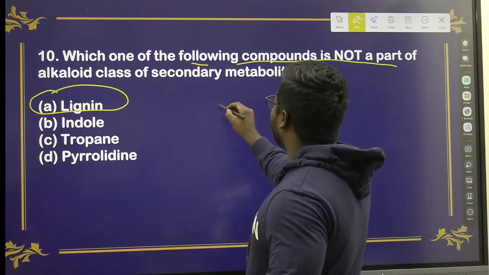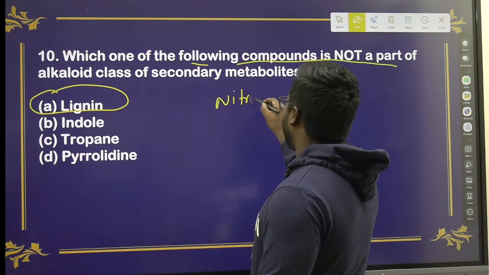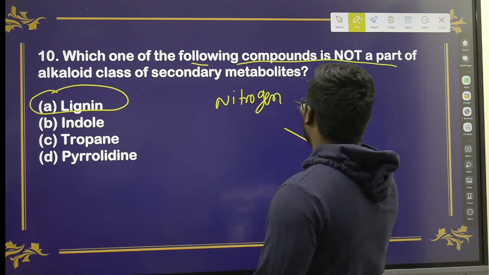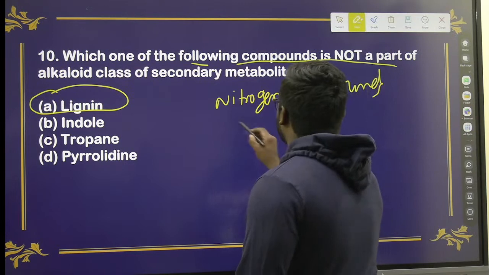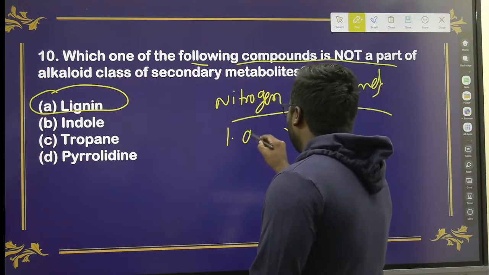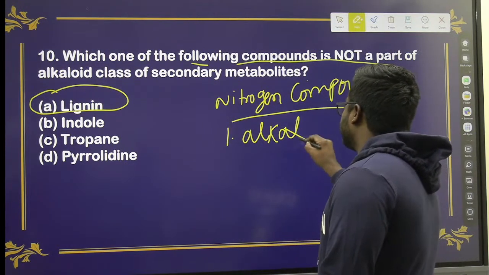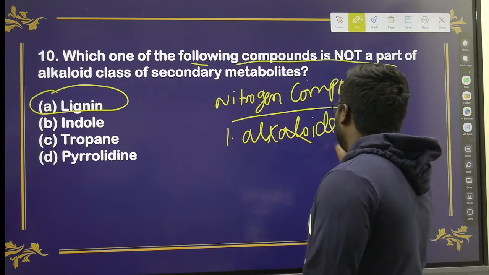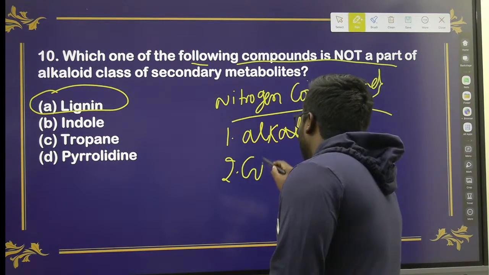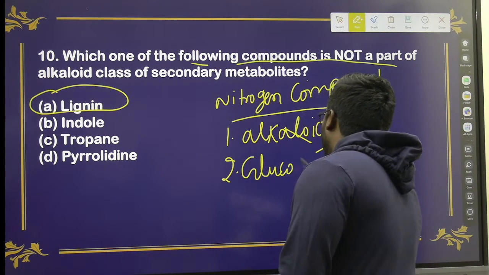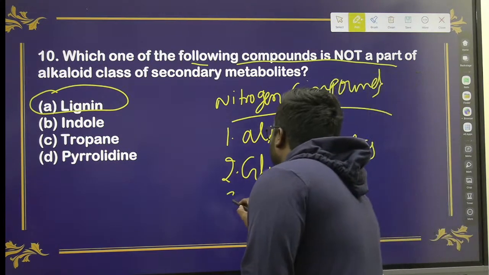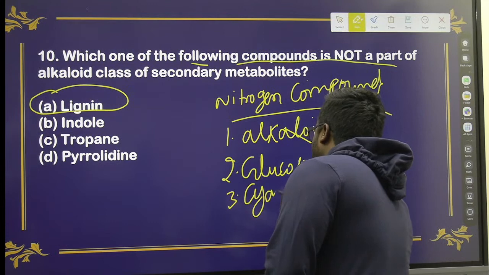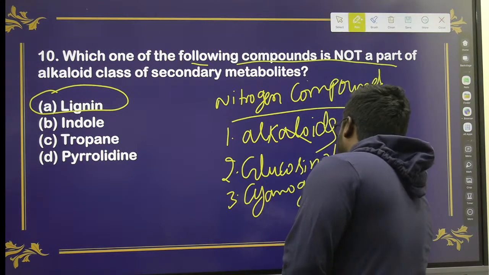Nitrogen containing compounds are of four types. What are those? One we call alkaloid. Second one we call glucosinolate. Third one we call cyanogenic glycoside.